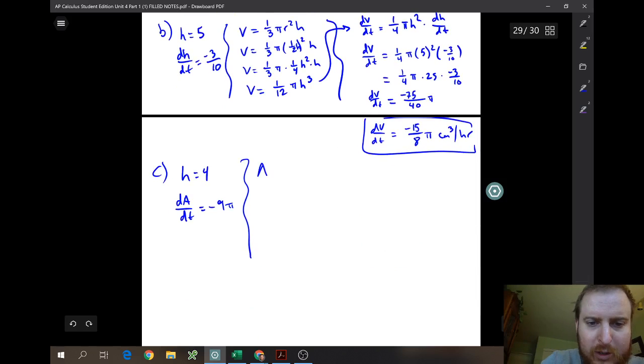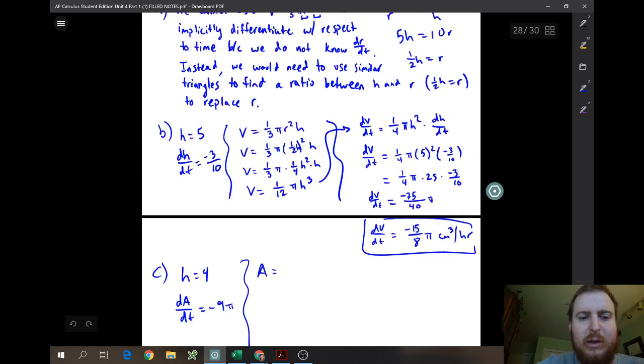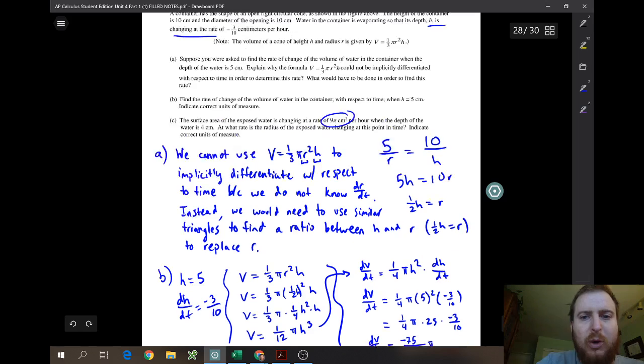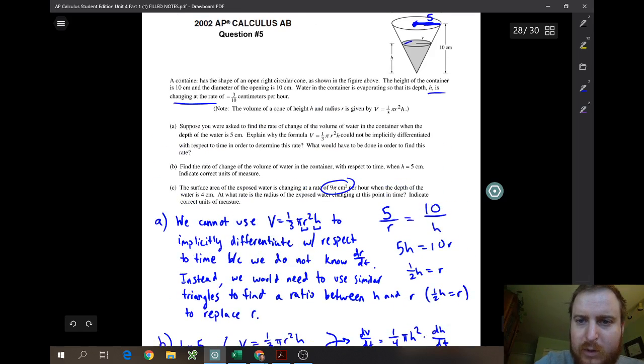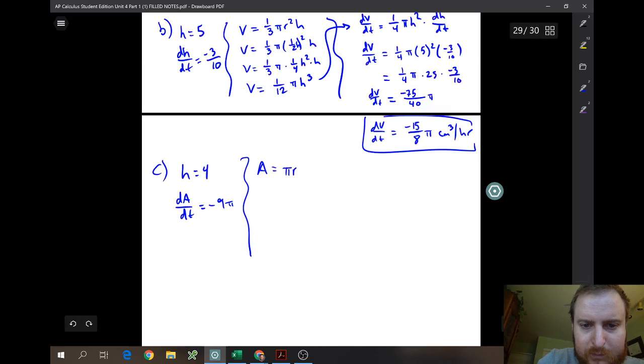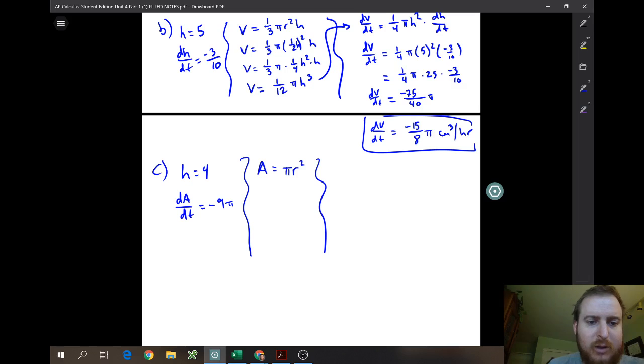So we know that the surface area, now it's just the exposed water, right? The surface area of the exposed water. So exposed water, that's only this shape here. Nothing else is exposed. So that's actually just a circle. So that formula is just pi r squared, and we didn't even need to have any sort of h in there at all.